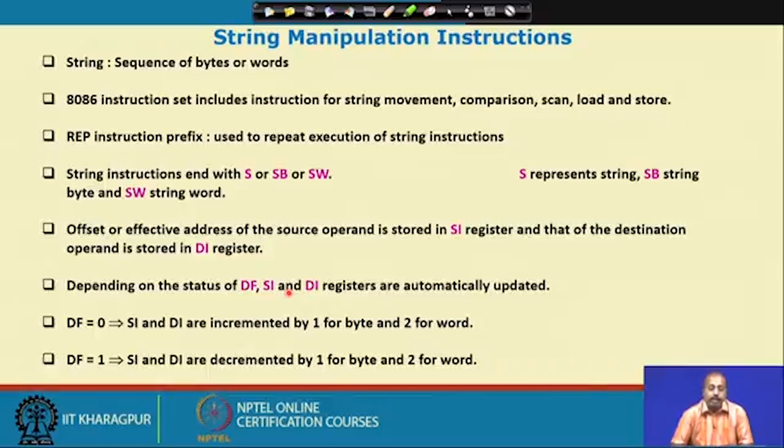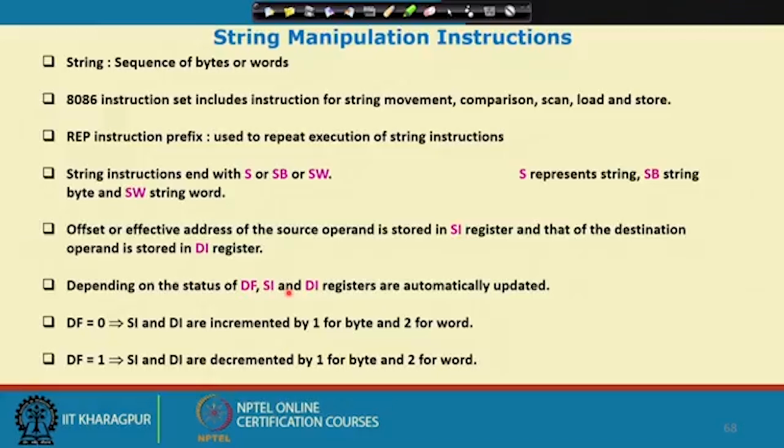Then string instructions end with S, SB or SW. MOV is the normal movement between registers, MOVS is the string movement, MOVSB is the byte movement, and MOVSW is the word string movement. Similarly we have CMPS, CMPSB, CMPSW.